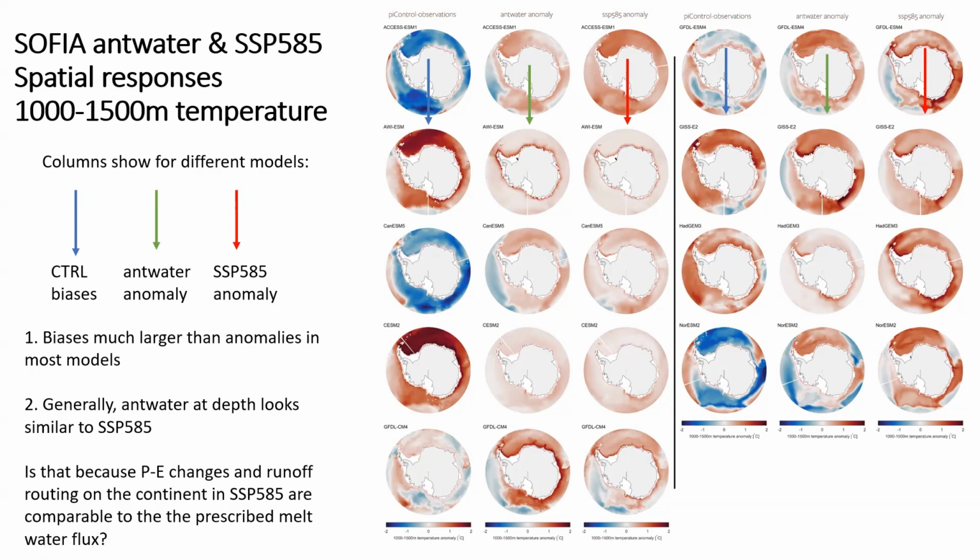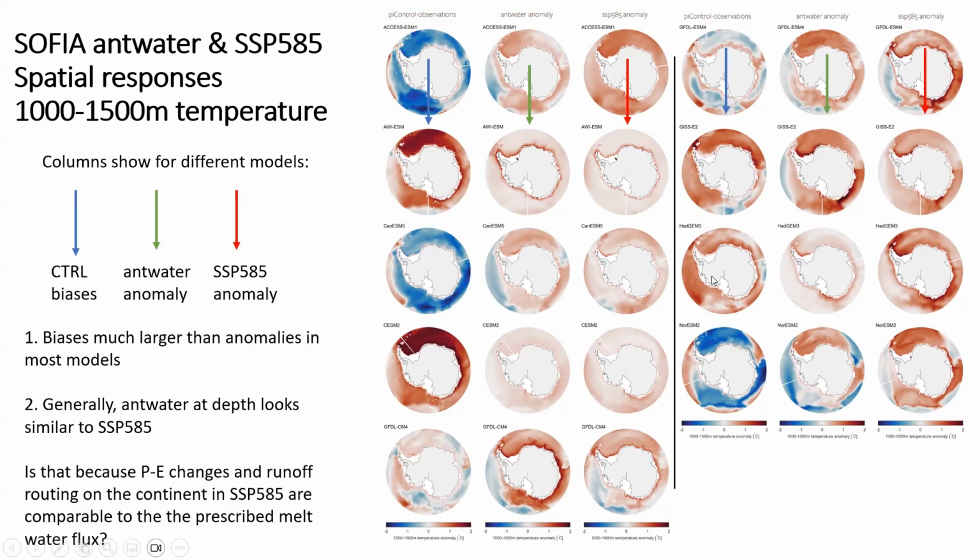The snow that falls on Antarctica takes a millennia to get out into an ice shelf and melt, but the order of magnitude of this runoff routing increase might by accident be comparable to the Antwater anomaly, so that this warming scenario might accidentally already include an increased runoff scenario.